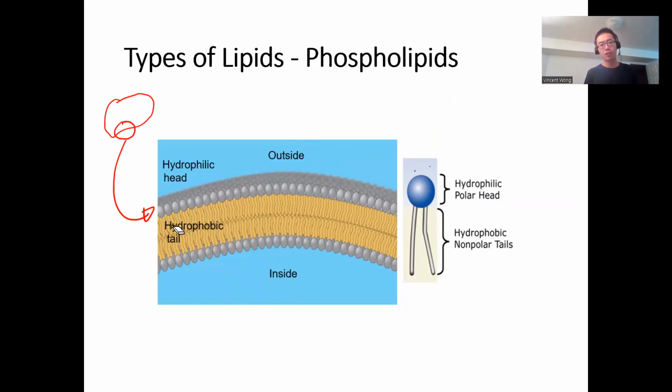So you would have two layers of phospholipids. The heads would be facing either the outside or the inside, both of which are a water environment. And you have a thick layer of hydrophobic tails sandwiched in between.